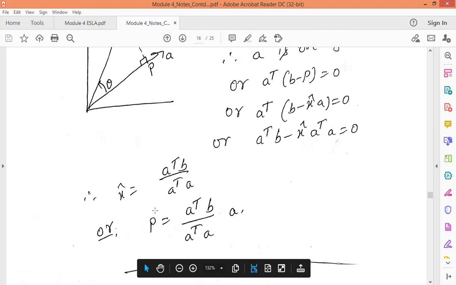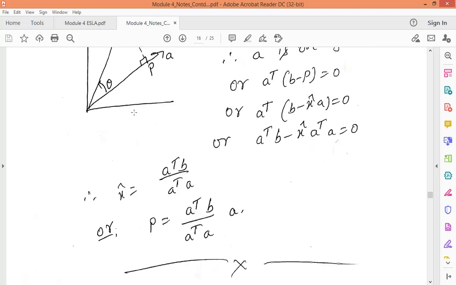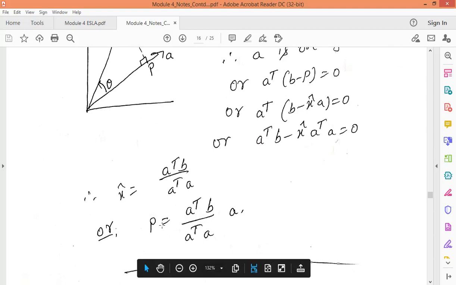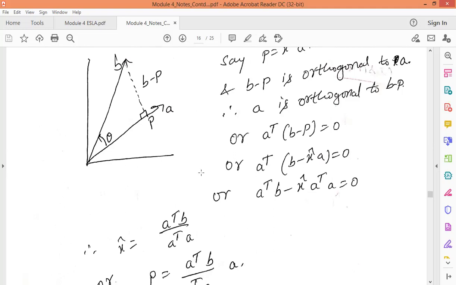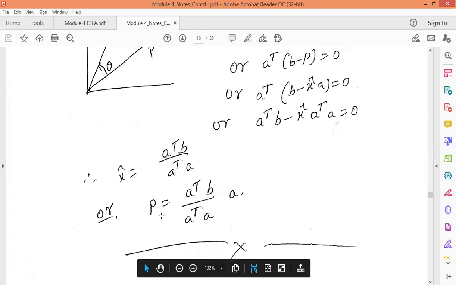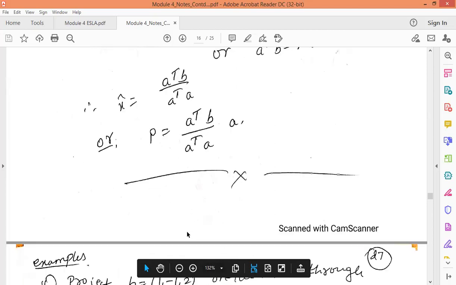We'll see how to calculate all the values. Whenever you write the equation, you just see what projection you are going to ask. Here we are considering B as the projection. So when we have B as the projection on the line A, the equation of projection should be like A transpose B divided by A transpose A into A. Suppose we have the line Y, and if it is acting as a projection on the line A, then this equation can be written as P is equal to A transpose Y divided by A transpose A into A. You need to keep all these parameters in consideration while making the calculation.